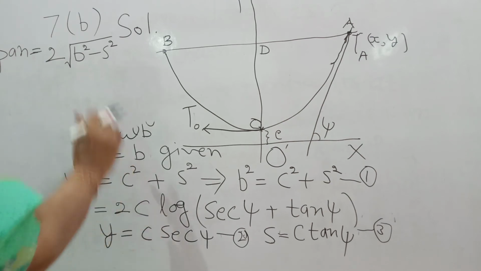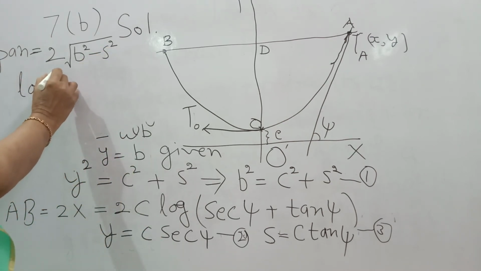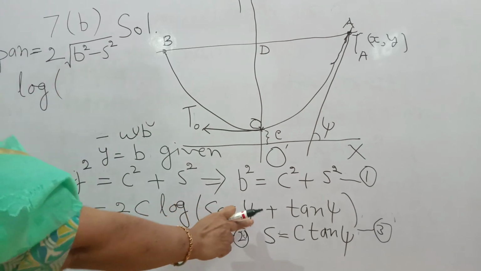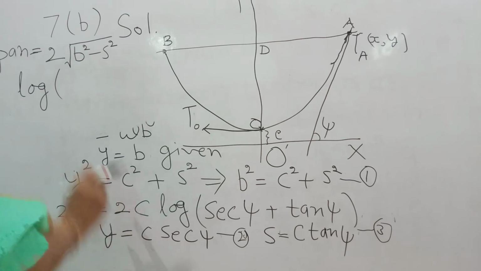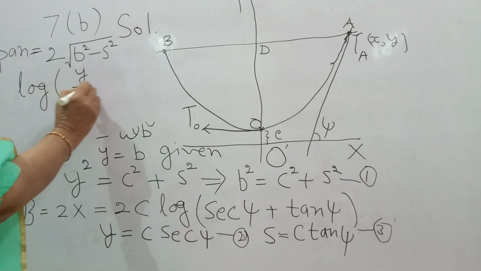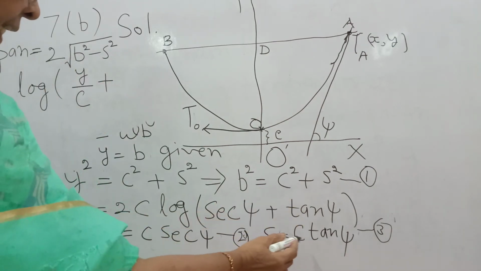Now next is log. After log we have to put section. Now what is section? Section is y divided by C. Then we have to substitute for tension. What is tension?